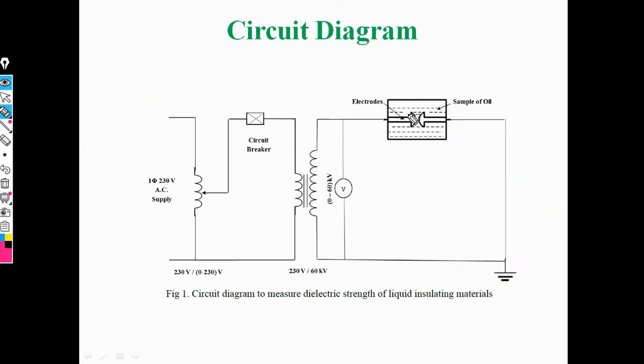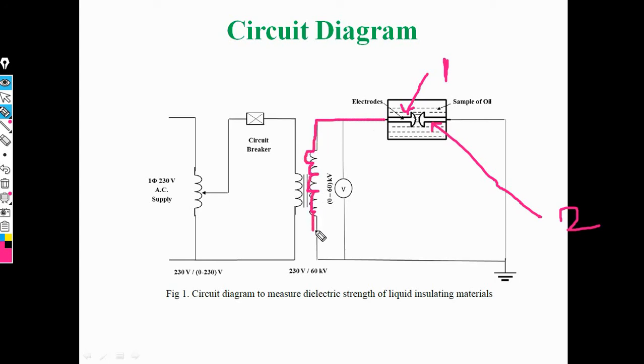There are two electrodes: this is the first electrode and this is the second electrode.